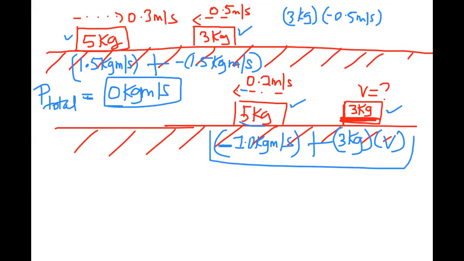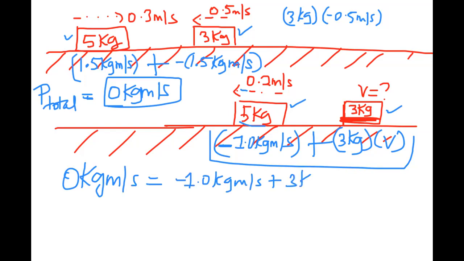If the principle of conservation of momentum is correct, then we can equate the two. 0 must be equal to minus 1.0 kilograms meters per second plus 3 kilograms times the velocity V.